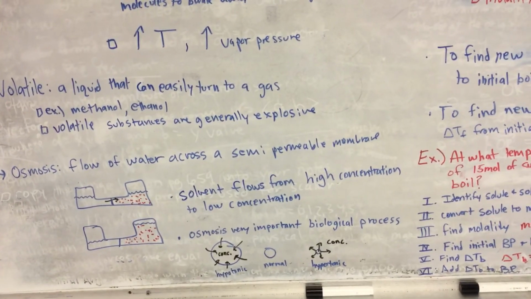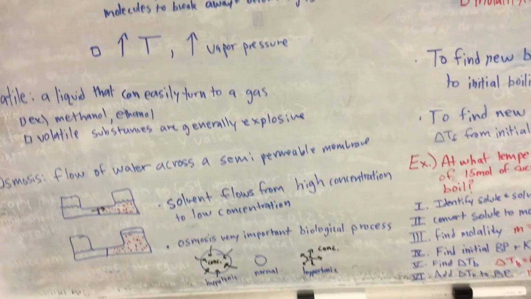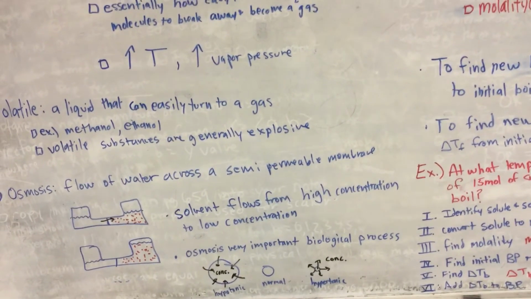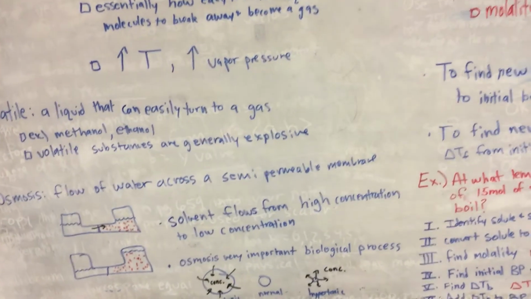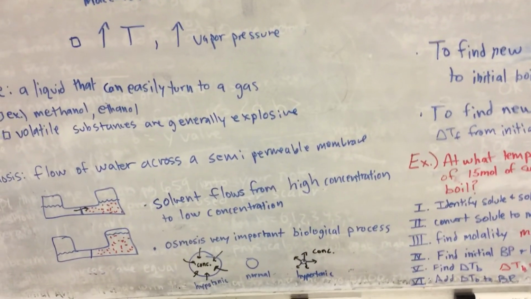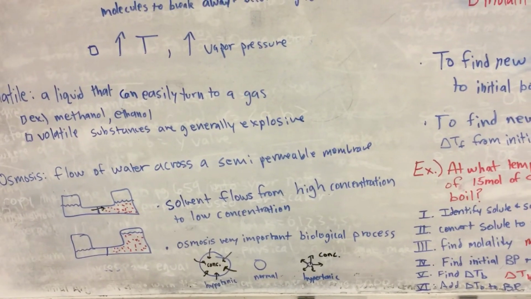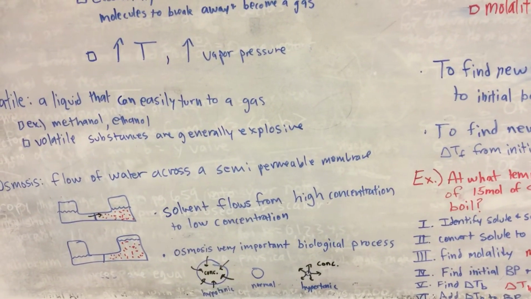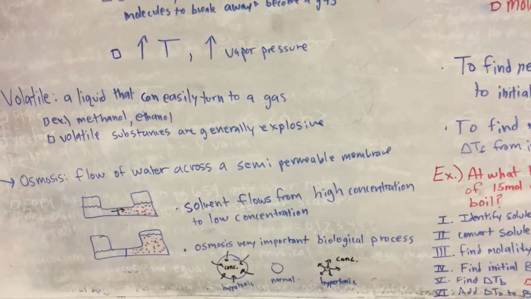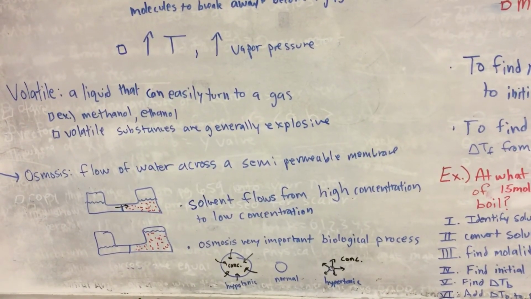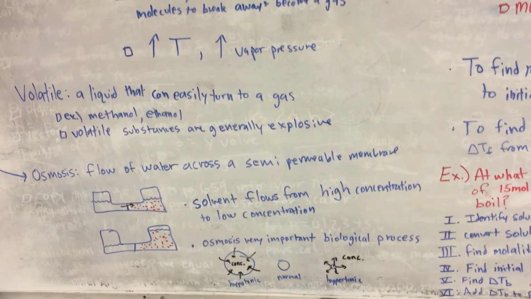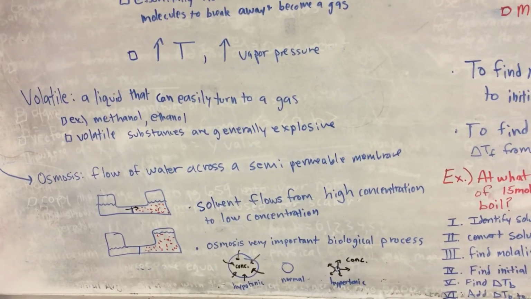If it swells too much, it'll burst and die. If the cell is a lot less concentrated than the surrounding fluid, it's called hypertonic. Water will flow out of it to the more concentrated surroundings. The cell will shrivel up and die. So it's very important for our bodies to maintain the proper concentration in our blood and surrounding fluids.